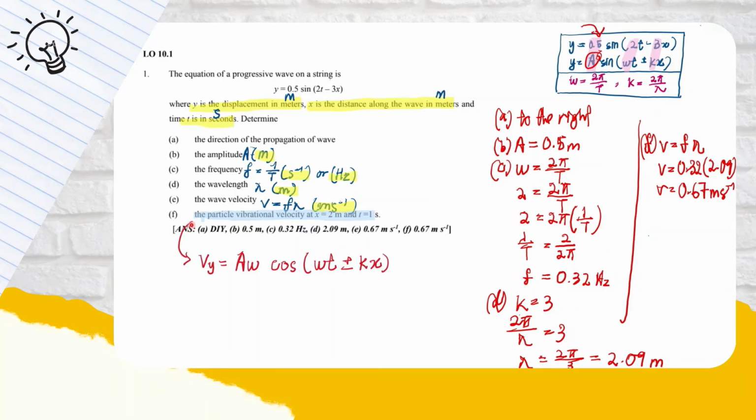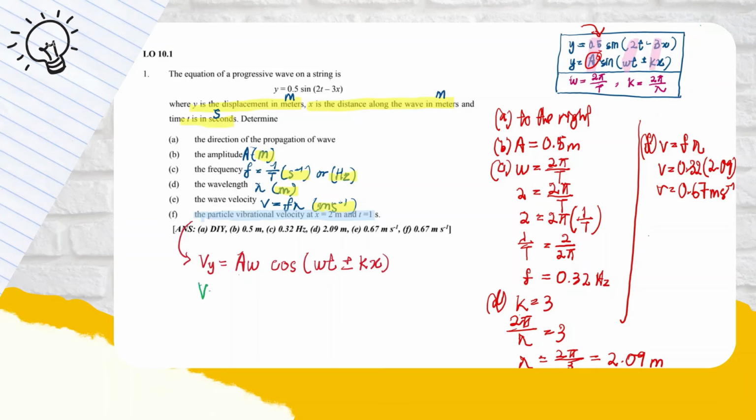Okay, now we look at the last question. The particle vibration velocity at x equal to 2 m and t equal to 1. We know that we have to find the particle vibration velocity, which is v_y, using this formula. So we substitute all the information into this.